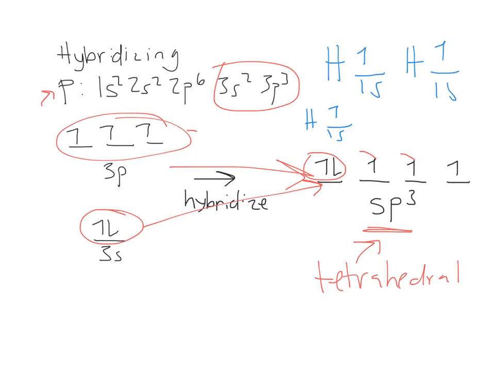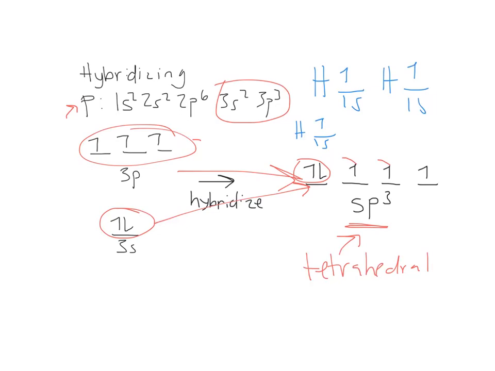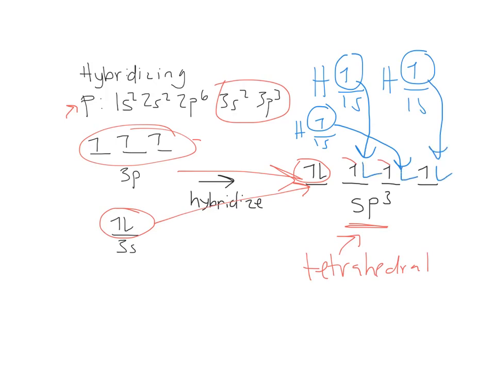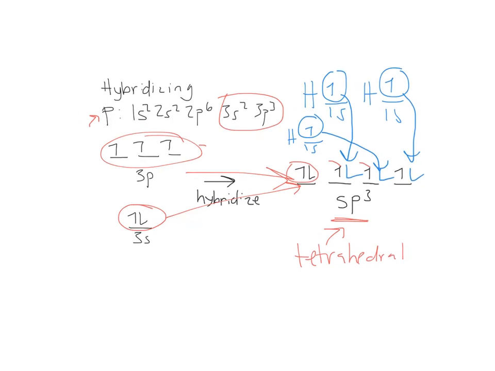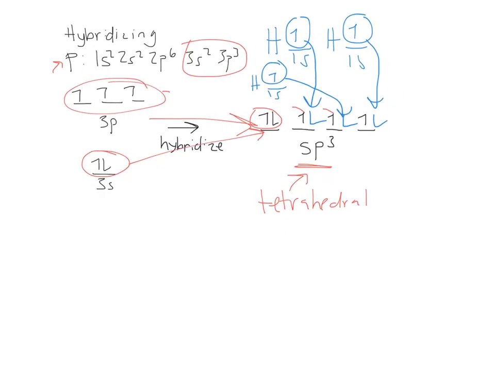So if we zoom out a little bit here, we know that now, since each electron has a space, the hydrogen electrons here are going to go ahead and bond, and these are going to give us our 3. It's going to give us our 3 bonding pairs.